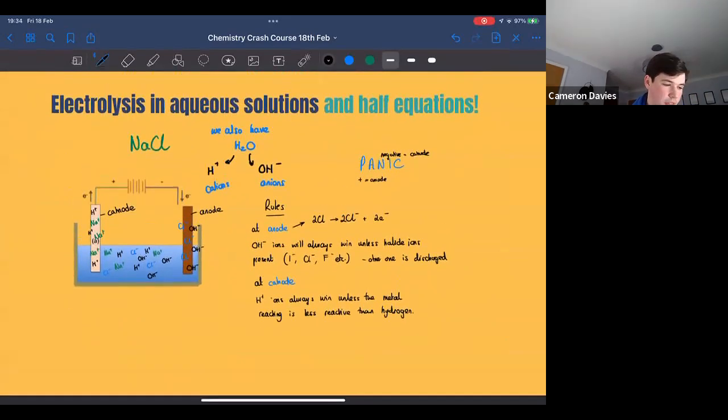And then at the cathode, we're looking at the H plus ions and the Na plus ions. The H plus ions always win unless the metal is less reactive than hydrogen. But in this case, sodium is actually more reactive, so the hydrogen ions will win.